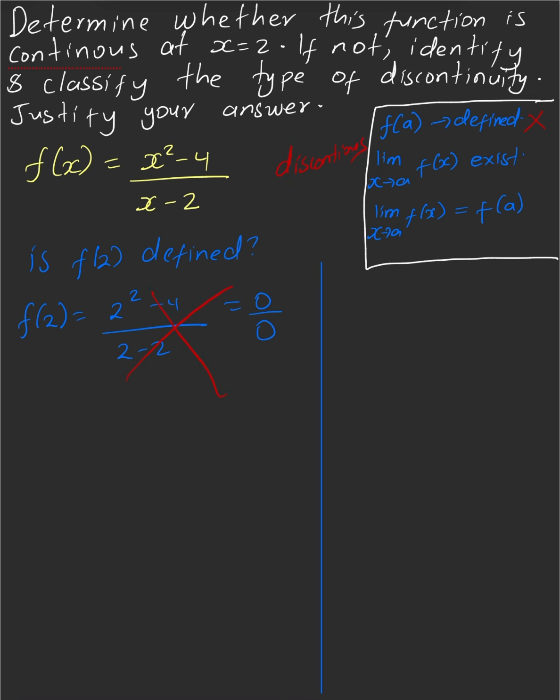But let's check if the limit of this function exists. I'm going to use a different color. Since direct substitution gave us 0 over 0, that's your signal to factor to figure out the limit. I'm going to go ahead and factor it. If you factor your numerator, you'd have x minus 2, x plus 2 over x minus 2.